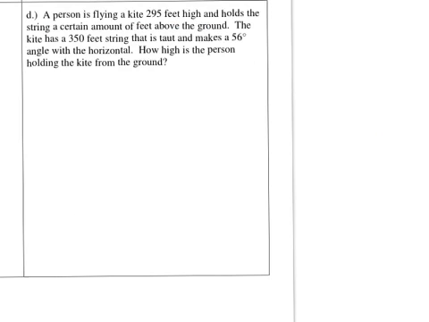All right, one more for your notes, and then we're going to practice this stuff in class. A person is flying a kite, and the kite is 295 feet high, which means it's above the ground by 295 feet.